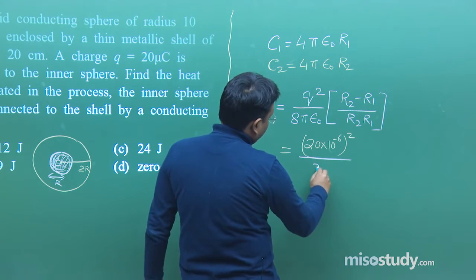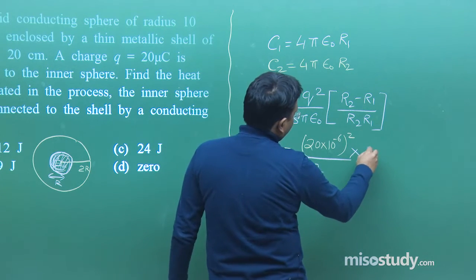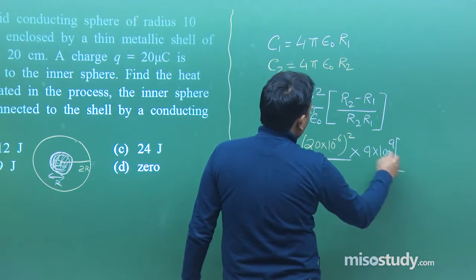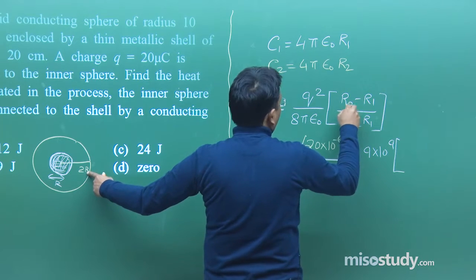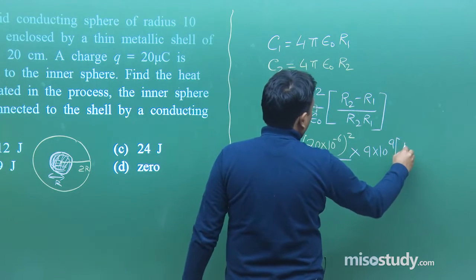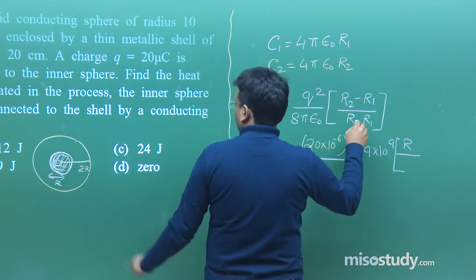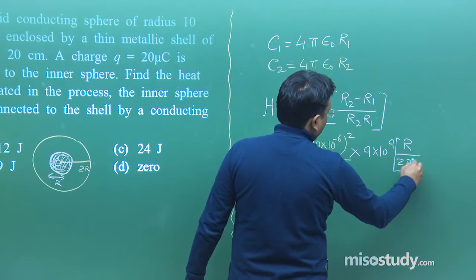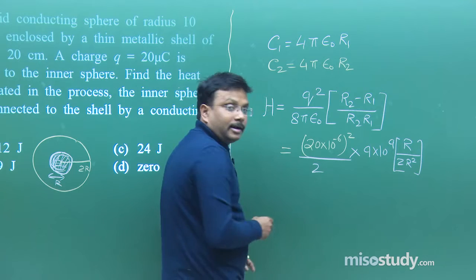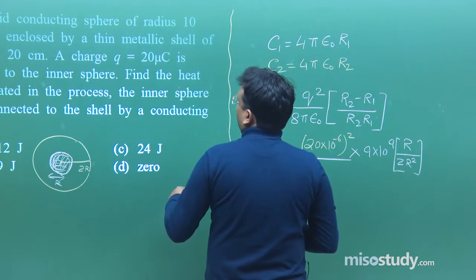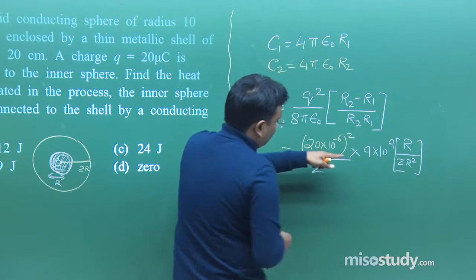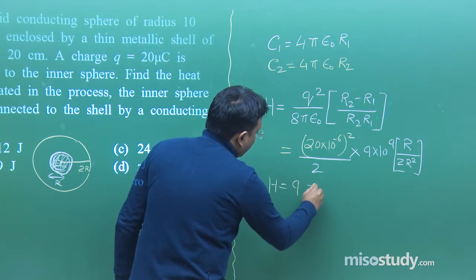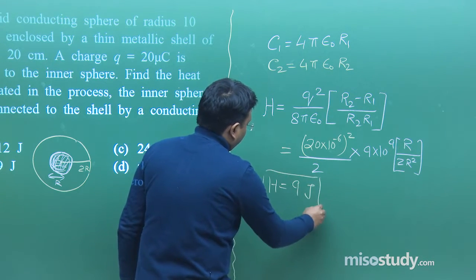So, I think I can directly put it this way, 9 into 10 to the power 9, within bracket 2R minus R, that is R, upon 2R square. So, R R get cancelled, and the value of R is how much? It is going to be 10 centimeter. Put the values. So, H is equal to 9 joule is the correct answer.